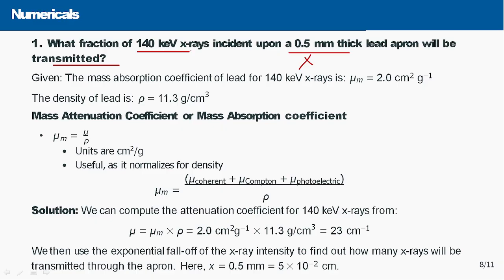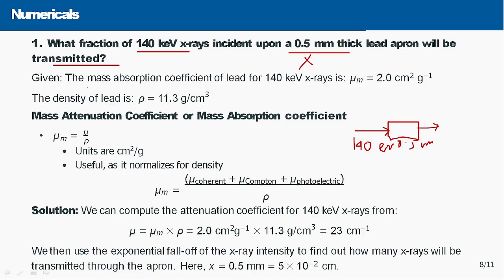Let's say this is your 0.5 mm thick lead apron. From here you are passing this X-ray of 140 kilo electron volt. Then what is the percentage that will pass through it?